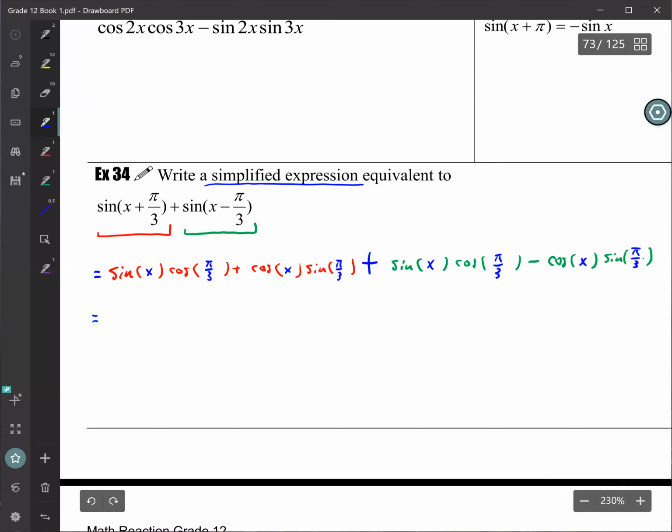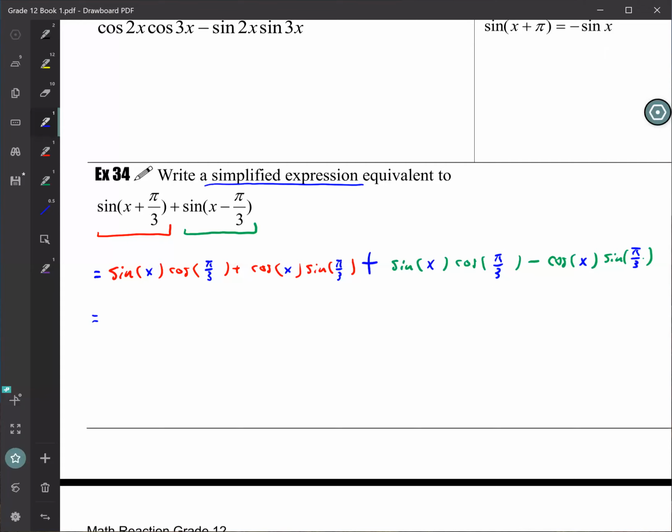Anything you noticed? The cosine x sine pi over 3. Yeah, what about that? There's a positive and negative. Yes, so what will happen to them then? It will cancel. Very good, okay?